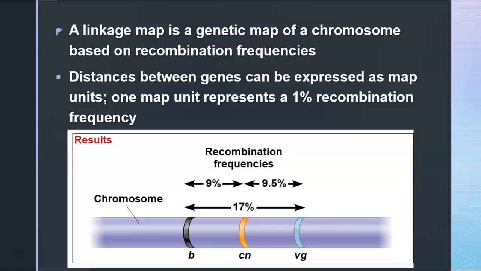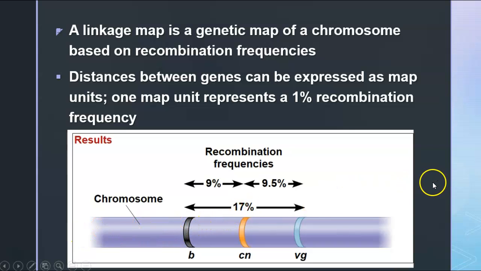The map units may differ in size from one species to another, but basically one indicates a 1% recombination frequency. And so the black and the vestigial here are 17% apart, and between the black and the cinnabar only about 9% recombination occurs. Between cinnabar and vestigial, about 9.5%, so that's around 17 to 18, so that's pretty close.